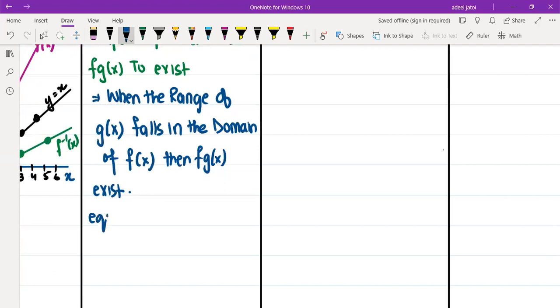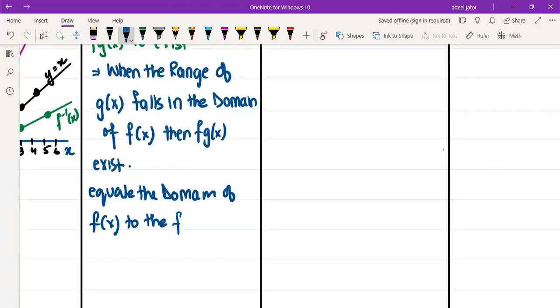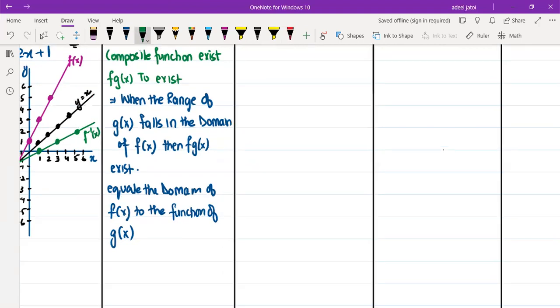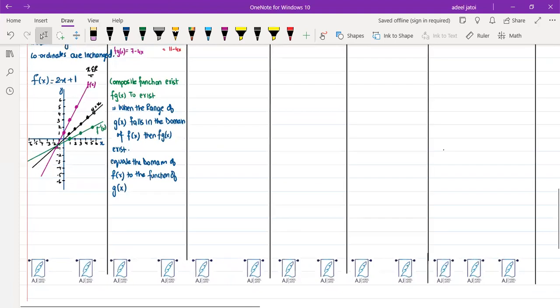We can always equate the domain of f(x) to the function of g(x). On the other hand, if you want to understand whether gf(x) exists or not, same thing.